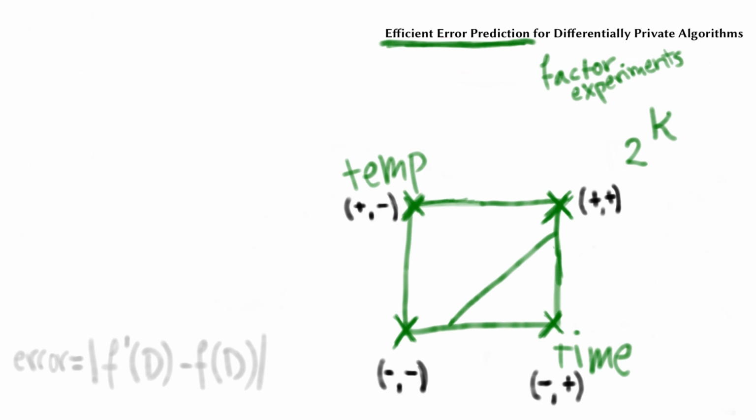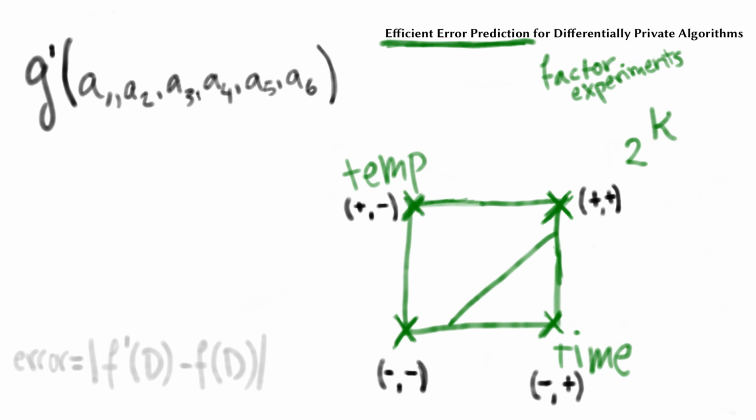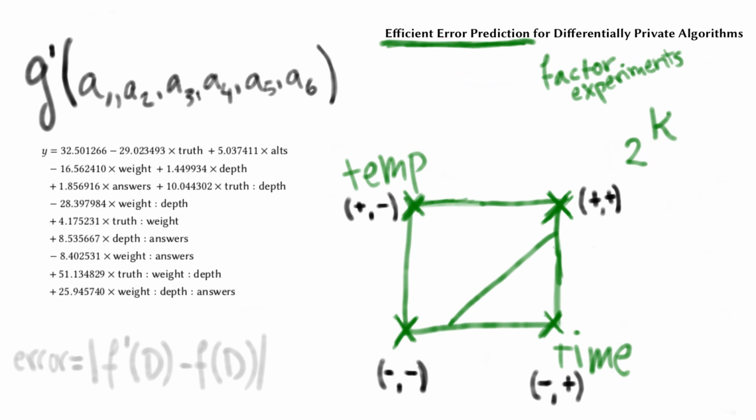In this paper, I've chosen a differentially private algorithm where the error is particularly difficult to predict since there are 6 input variables. By using factor experiments, I was able to create a prediction model which describes how each variable contributes to the error, and as we can see, there are also variables that interact, and those are also described by the model. So, how did I do this?